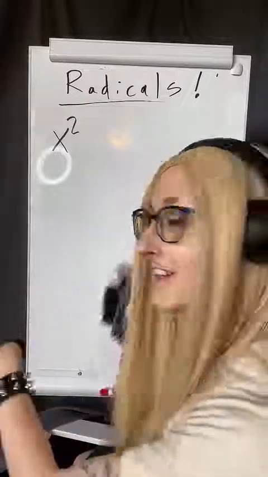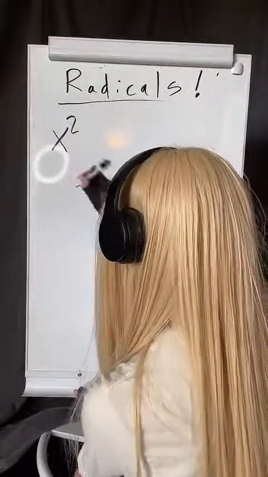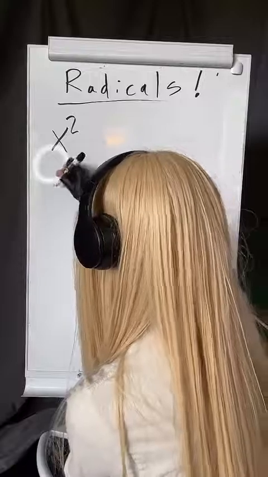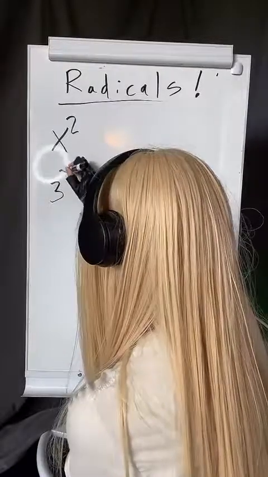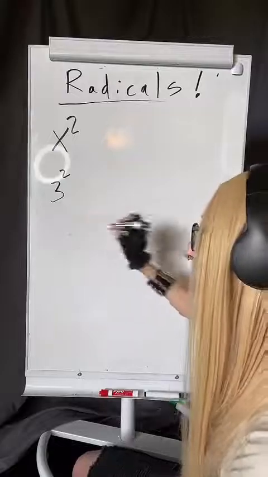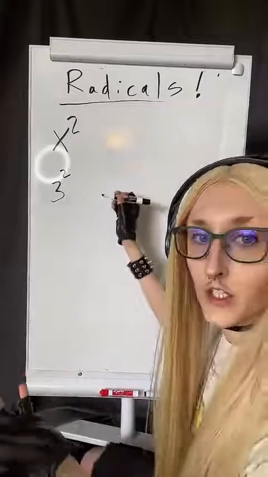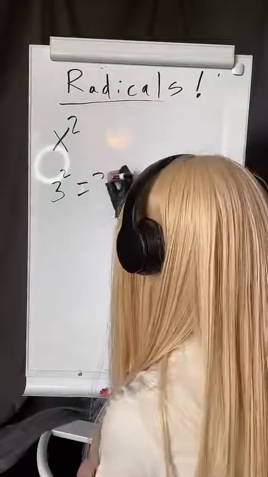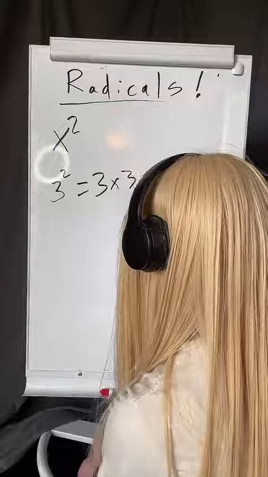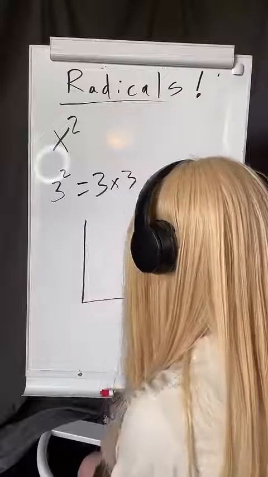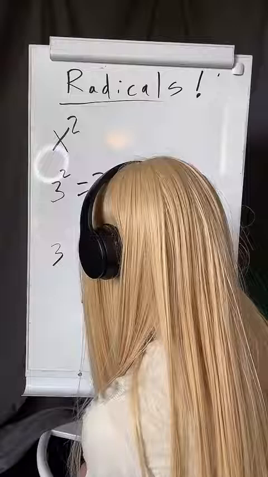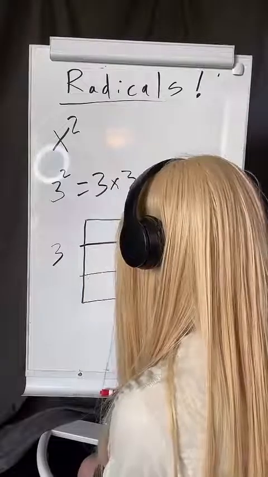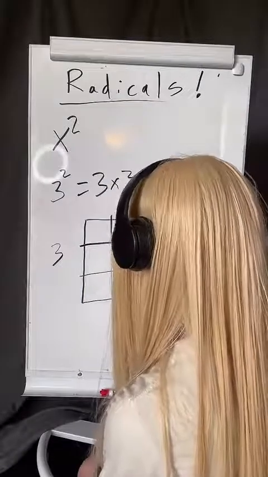Great. All right, so if I have an x squared, I have something squared. Let's use the example of 3 squared. What that is really saying, if I were to draw a picture, is 3 times 3, which I can express in a picture as 3 by 3.